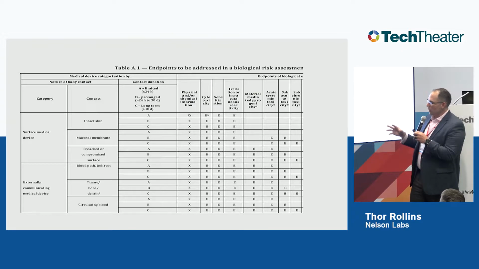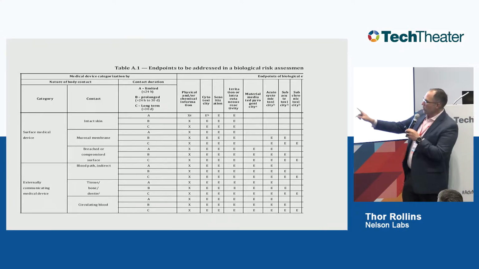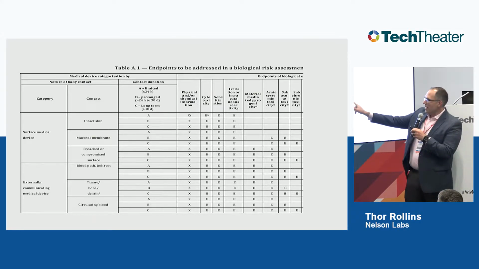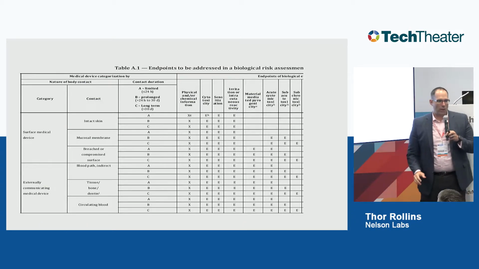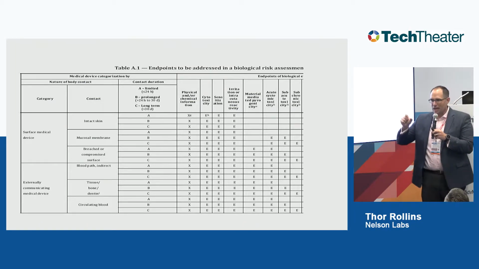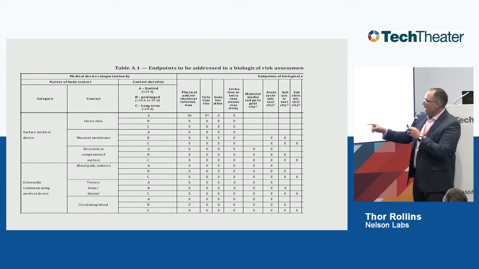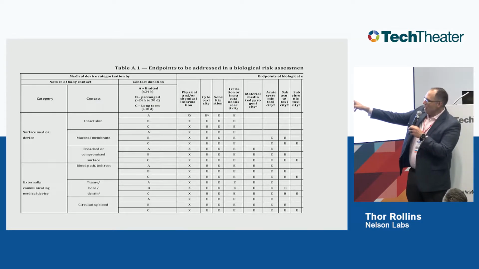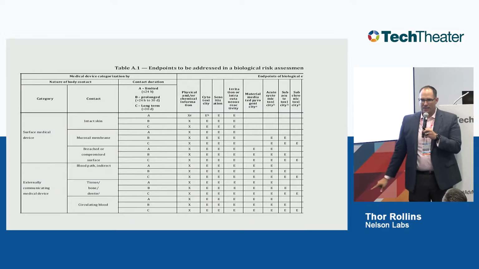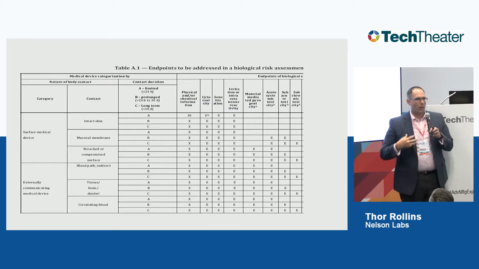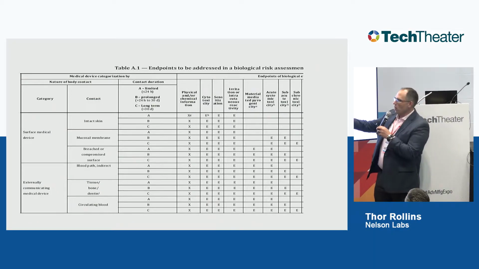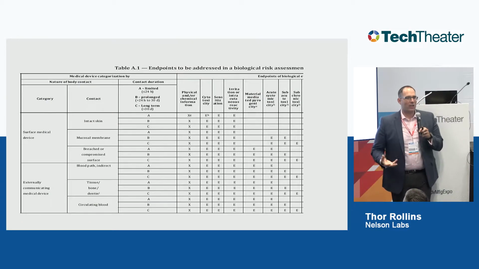The big changes that we did in this one is we added a column here that stands for physical and/or chemical information. So we actually added a category, first time since it's been put into practice. And we also made it the only category that's an X. So it's the only category that's required. Every other category is E, which stands for evaluate.